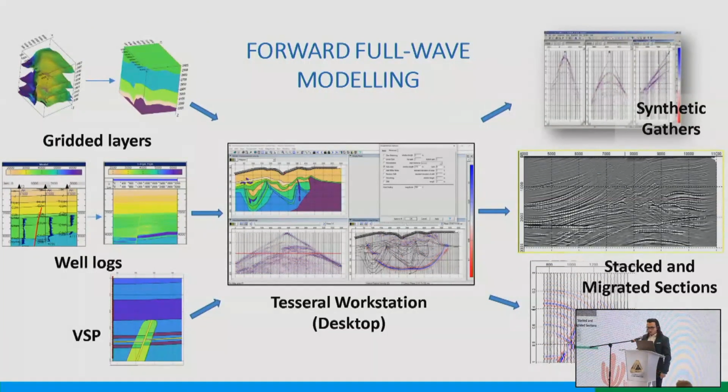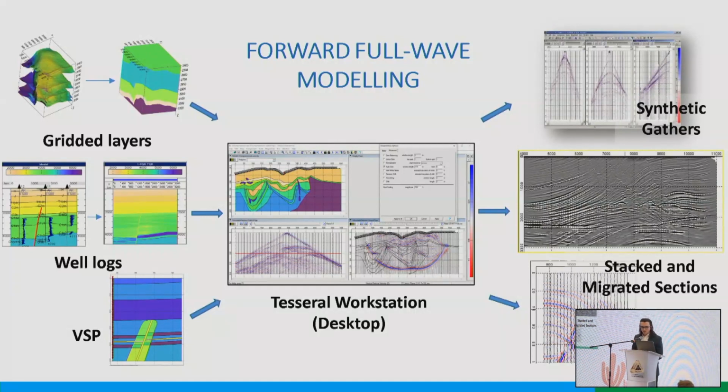Next, with the simulation of the propagation of the wave field, we get seismic gathers. The geological model can be assumed from a priori data or created from several input data such as gridded layers, well logging, or VSP borehole data. An acquisition geometry is set on the basis of possibilities, available equipment, and desired result.